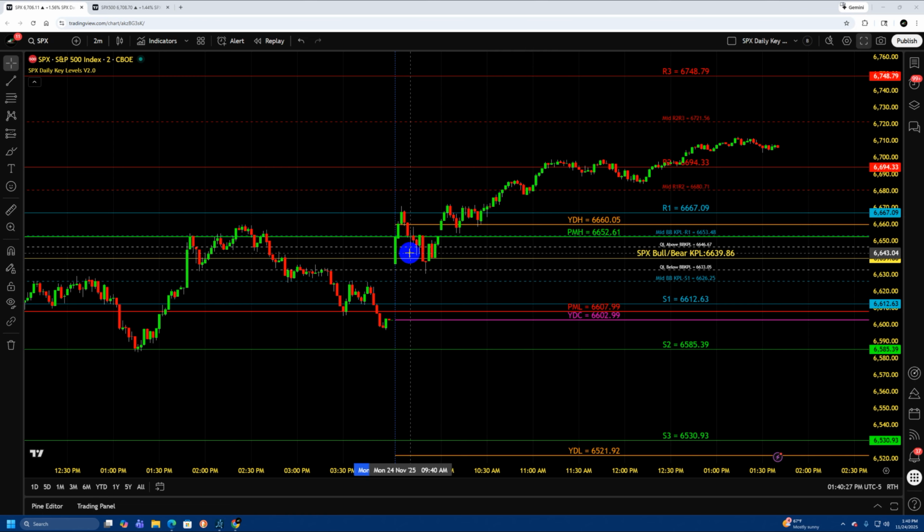It is not a required trade. This trade is taking a trade on the initial session bias for this session. So price closing above the bull bear key price level represents bullish bias for the session and a bullish entry signal, whereas if the opening candle closes below it, that represents bearish session bias and a bearish entry signal.